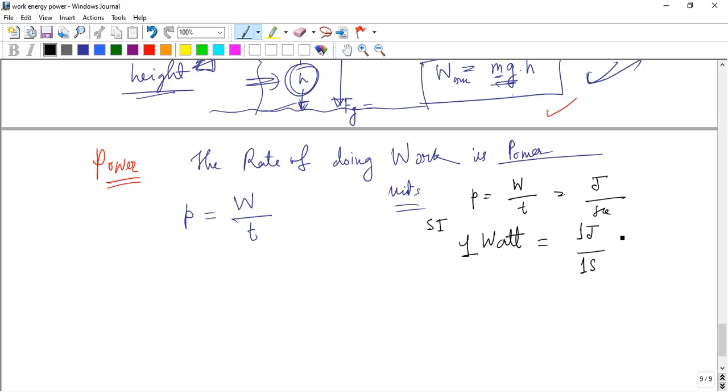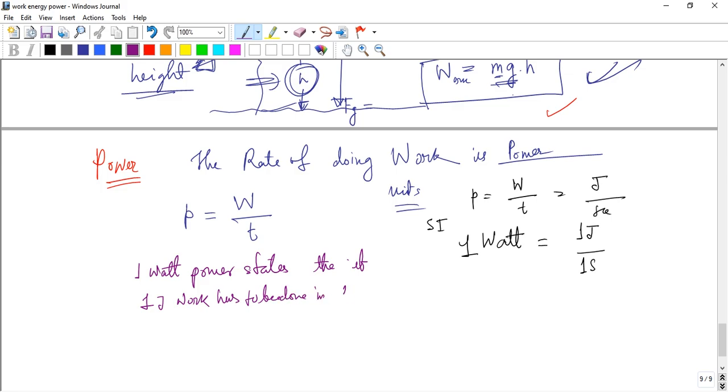Now define 1 watt. What is 1 watt? If 1 joule of work is done in 1 second, it is 1 watt power.